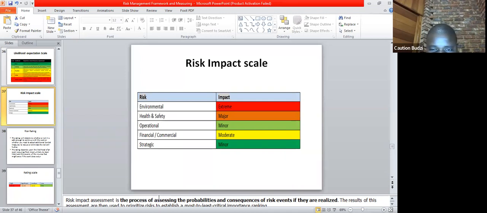The impact will be catastrophic to the organization. Then we have a major impact, highlighted by level 4. Level 3 is moderate. Level 2 is minor, and level 1 is insignificant.